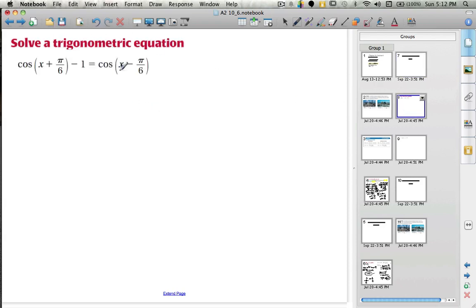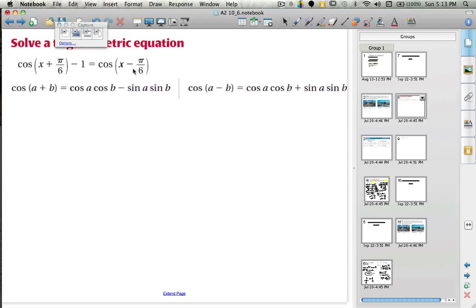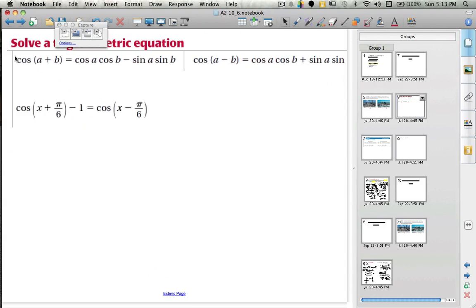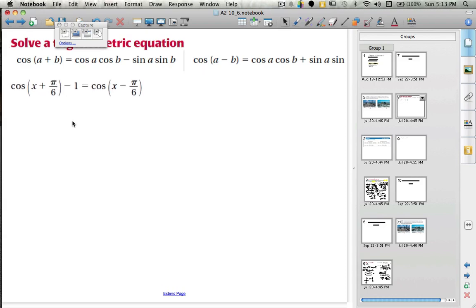Okay, so now we want to work at solving a trigonometric equation. So we're going to be using these cosine formulas. So here are our two cosine formulas. I'm going to want to work with these. So I have the cosine of, this is going to be a plus b, and over here this is a minus b.